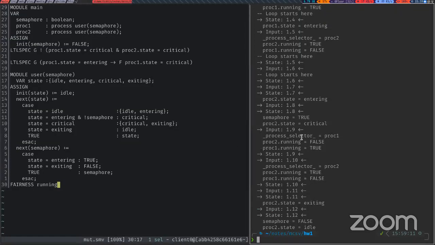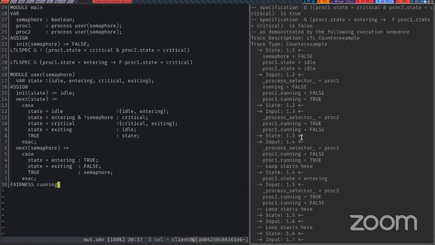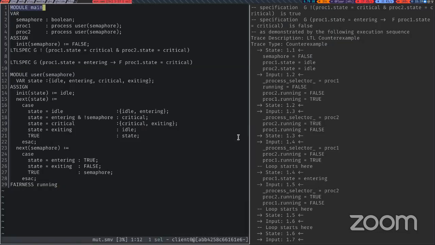I have a question regarding the syntax. What is the end of the module section, like how would we specify that the fairness condition is part of the module semaphore? I mean the user module. I think one module ends where another module begins. I see. Okay.